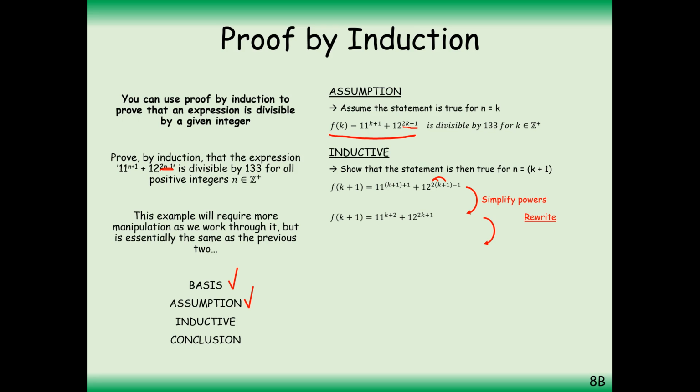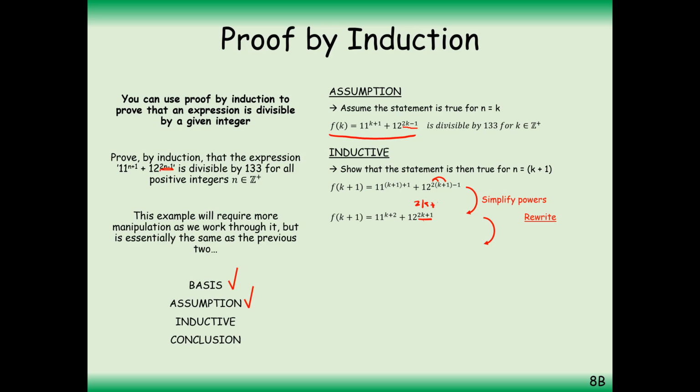All right, so if you look at the original formula, the index of 12 is 2n minus 1. So we actually need to turn this into 2k plus 2 minus 1.